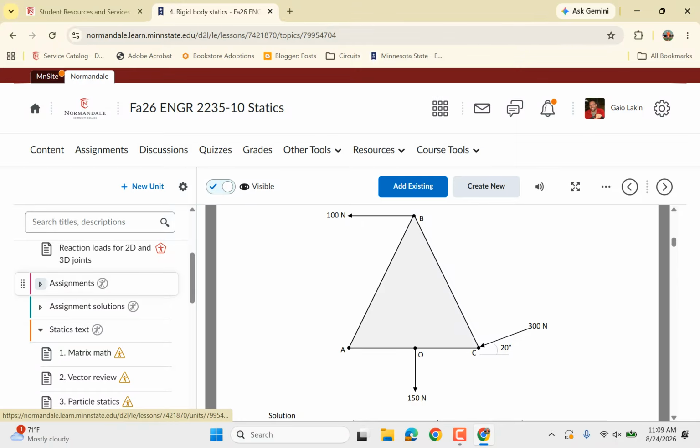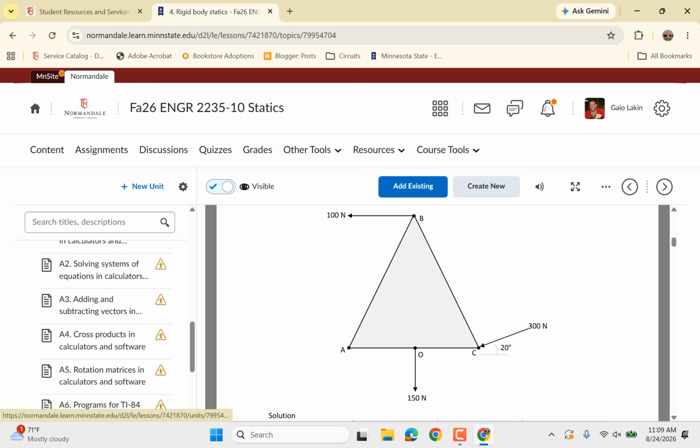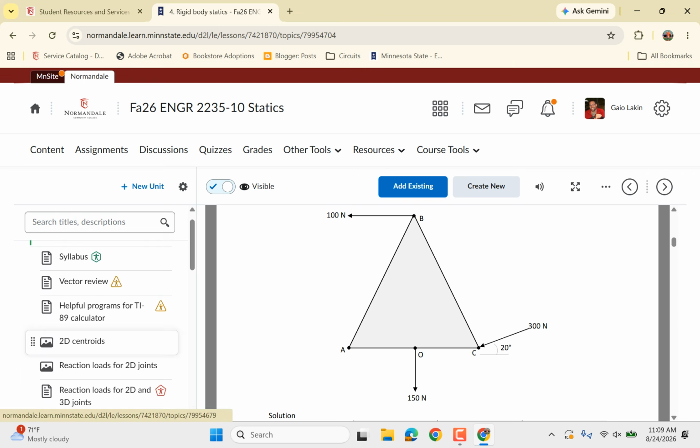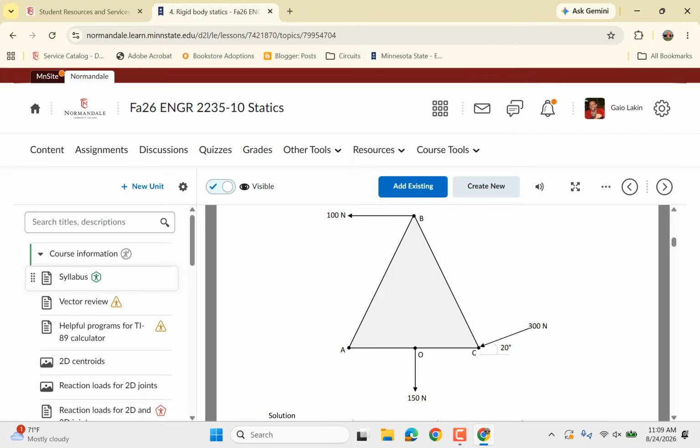The assignments I give you are going to be here. Solutions to a bunch of the assignments, we'll talk about that as we go through the syllabus, will be here. But what I want right now is the syllabus. Also, vector review.